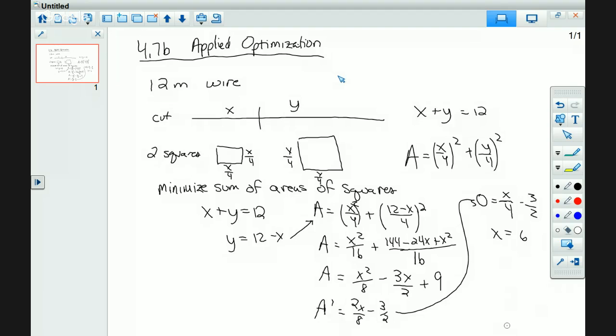All right, so x is 6. What is y? How about that? All right, so remember, you get your formulas, find one variable, plug it in, derivative, set equals 0.